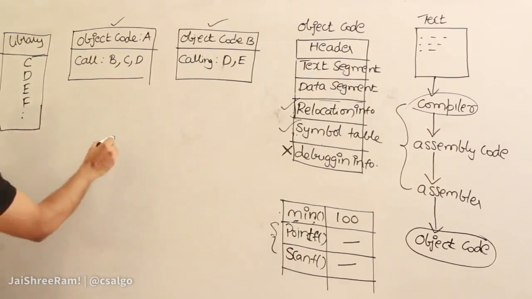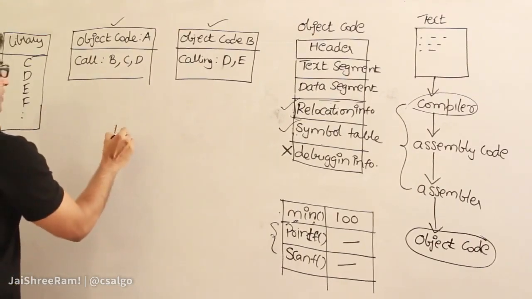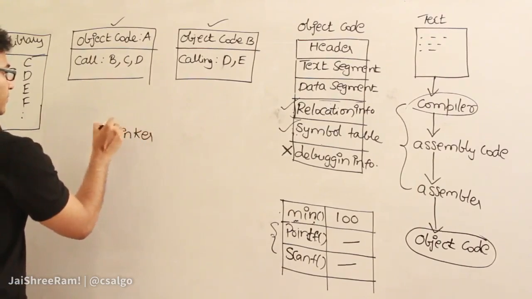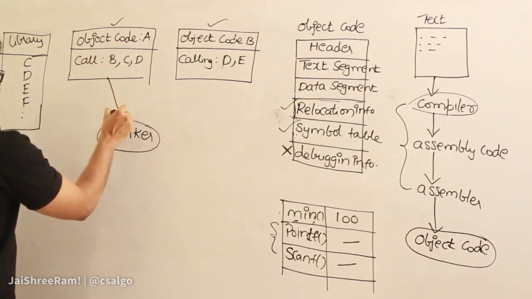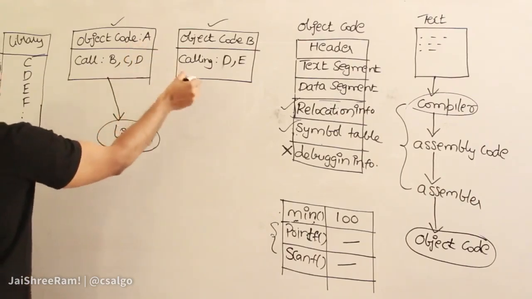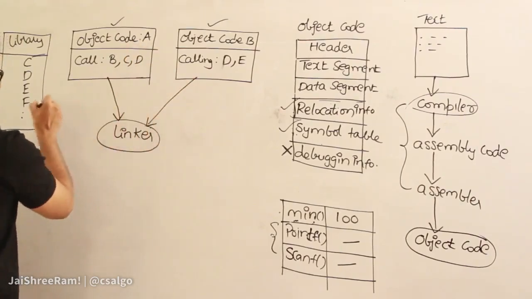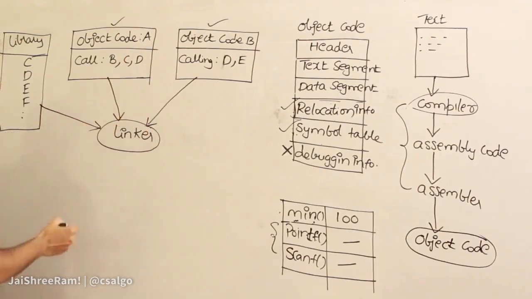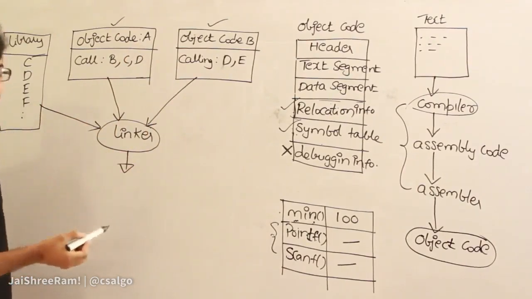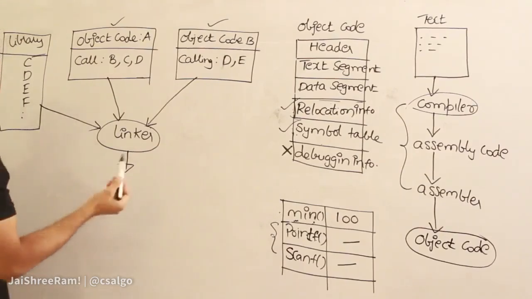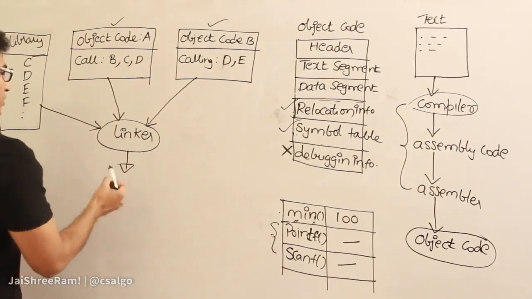And now these will be given to the linker. The linker will take your program and all the supporting programs that you need, right? And now it is going to give us again one more executable code, or you can call it again the object code, no problem.